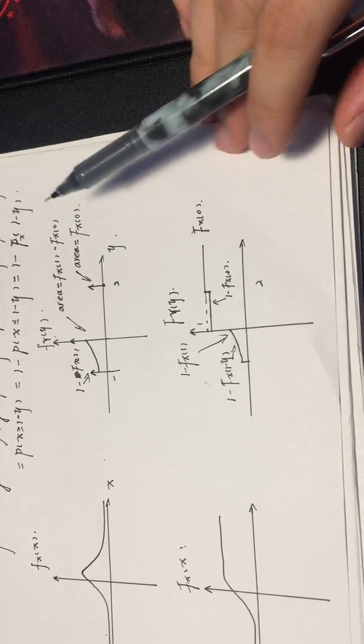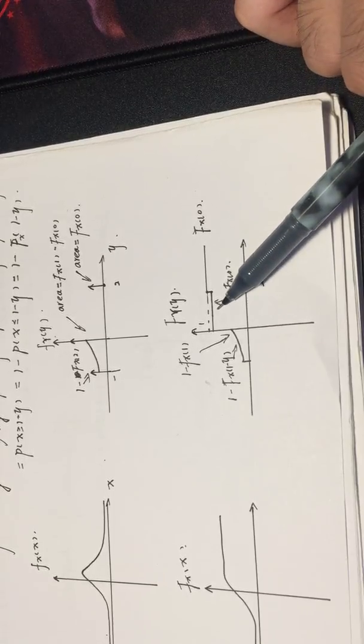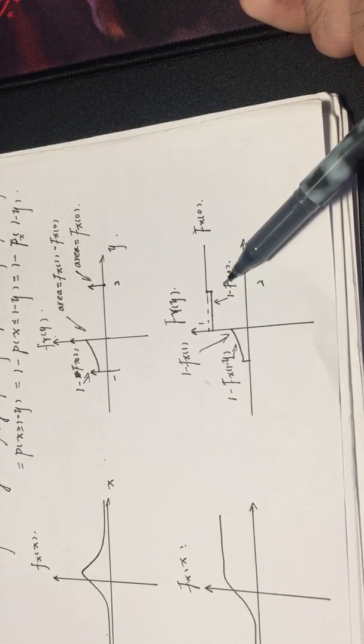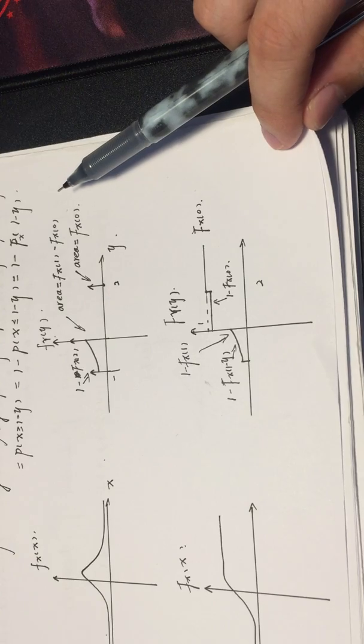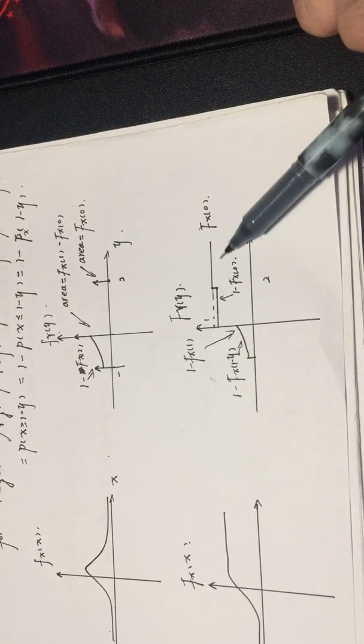And when y is between 0 and 2, it equals 1 minus the distribution function Fx when x equals 0. And when y is larger than 2, the amplitude equals 1.